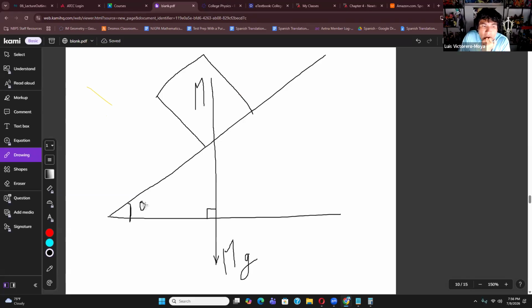The key is that you have to draw the normal. The normal is a force that is perpendicular to the ground and the body. That's the normal there. You extend it like this. So you have a right triangle here. Theta, 90 minus theta, right?